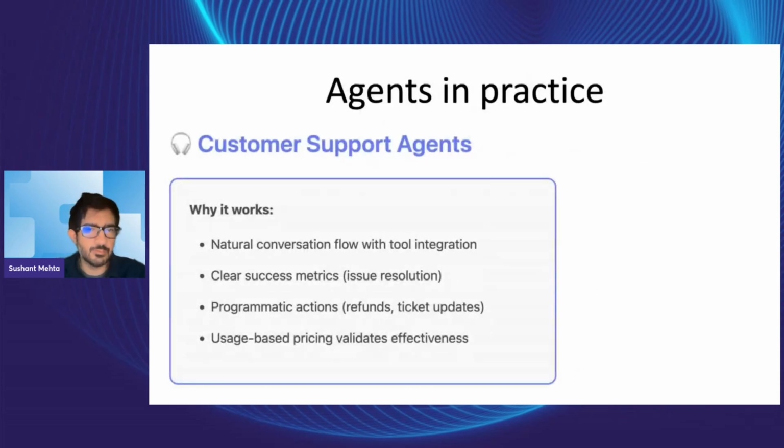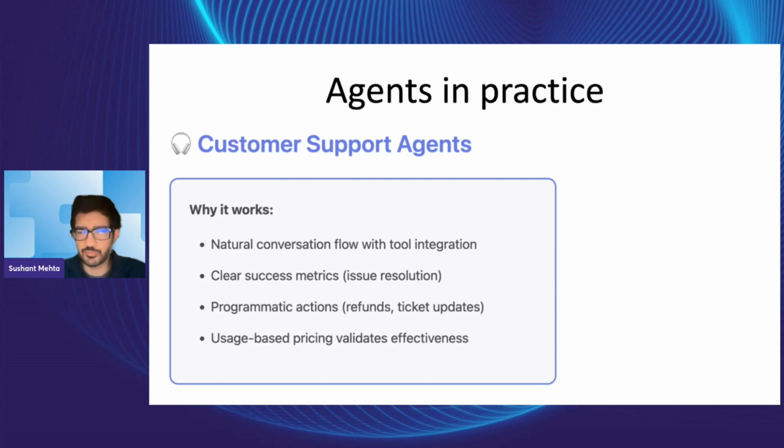Some examples of agents in practice which work really well because they fit very nicely to some of the patterns we discussed are, for instance, customer support agents. This is an industry which has been growing a lot lately, and a lot of agents are doing really well in this setup because of a few reasons which make them fit nicely with the pattern we discussed. For instance, there are clear success metrics, right?